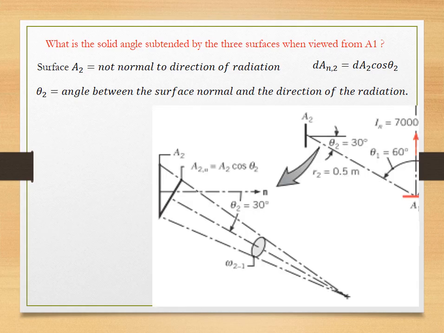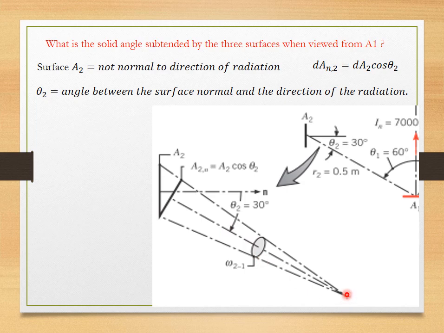Okay, from here, originally A2 is straight here, and then we need to go for A2 cos theta for this angle to get normal to A1.